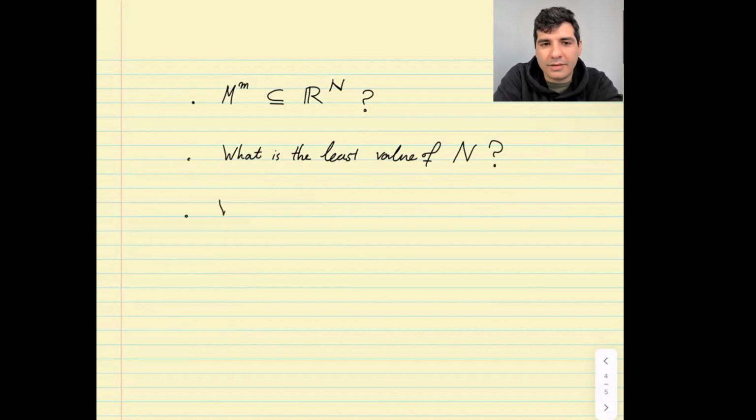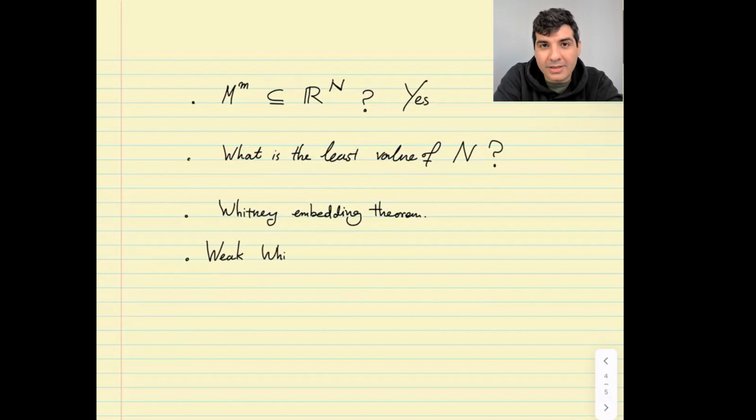Whitney's embedding theorem gives a positive answer to the first question. It says, yes, there is some n, and it gives a value for n. It tells you the dimension n in which you can find an embedding. In some sense it's sharp. If you want a statement for every manifold, Whitney's embedding theorem gives you the answer.